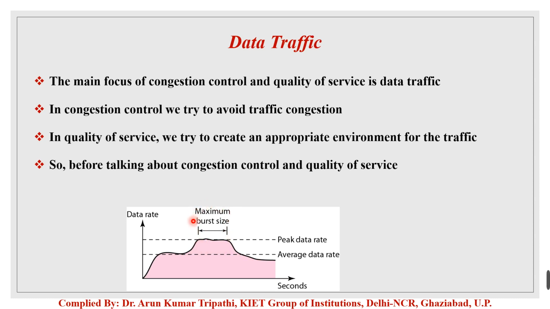For example, in India, during the daytime, data traffic will be higher because most of the organizations are working from 9 to 5 or 9 to 6. During this period of time, the data traffic will be the largest. And it may be possible that at 1 or 2 o'clock at night, it will be the least.